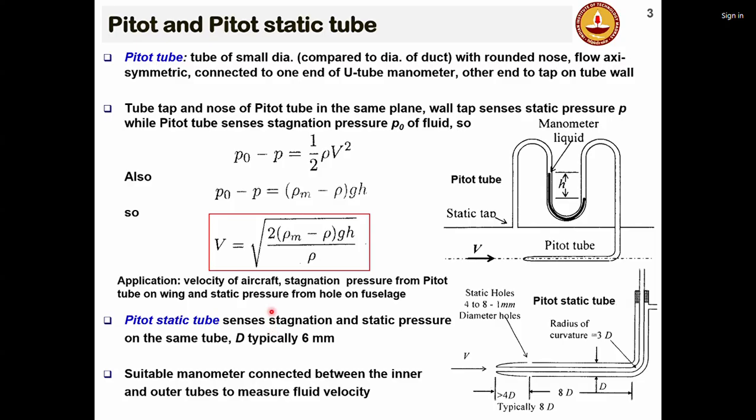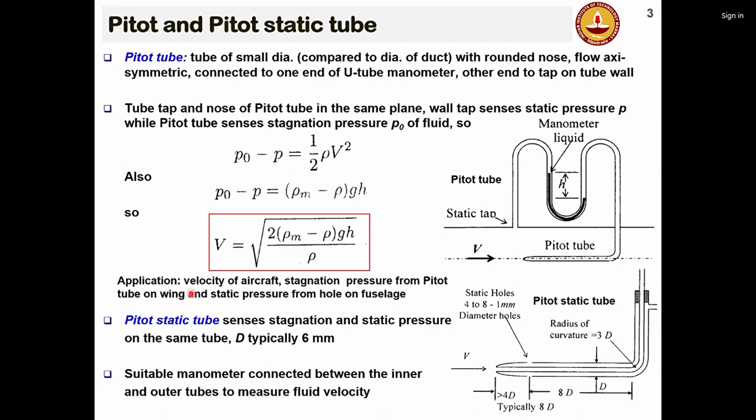Now this way of velocity measurement has application in measuring velocity of aircraft, where in a typical aircraft, the stagnation pressure is measured using a pitot tube, typically placed on a wing. So if it is placed on a wing, then the flow is actually seeing the leading edge of the wing, right?